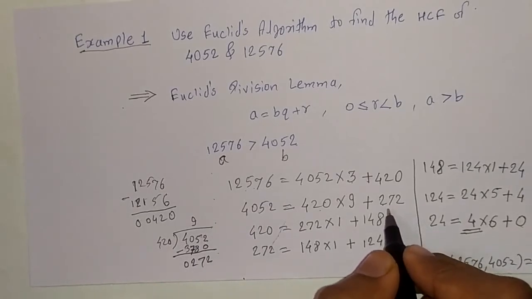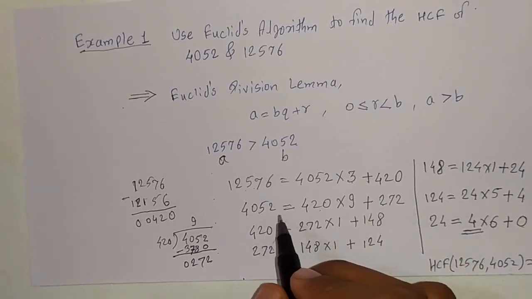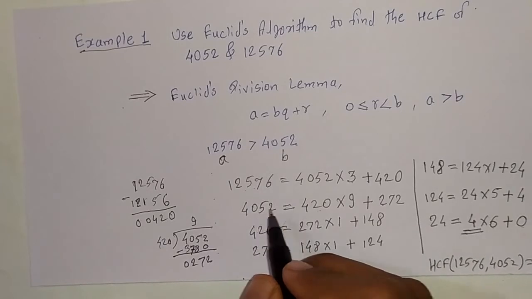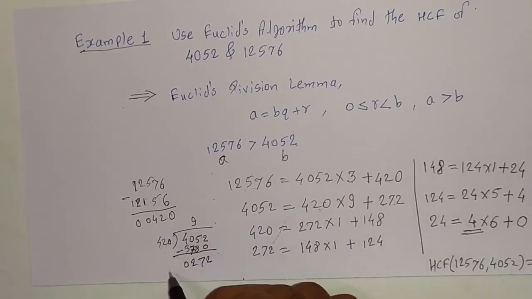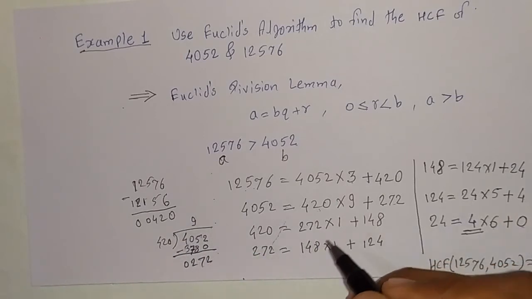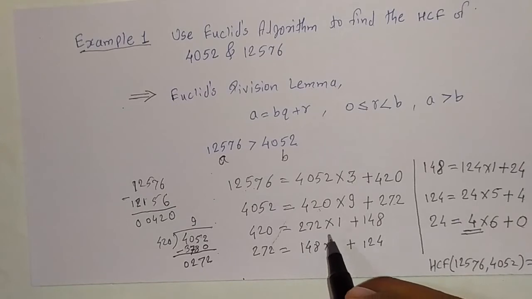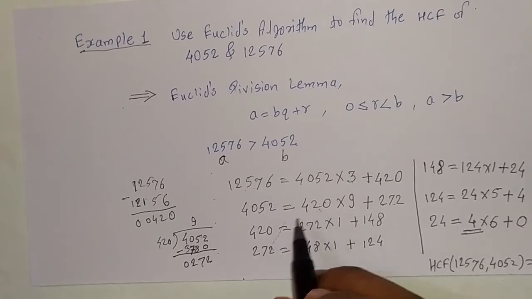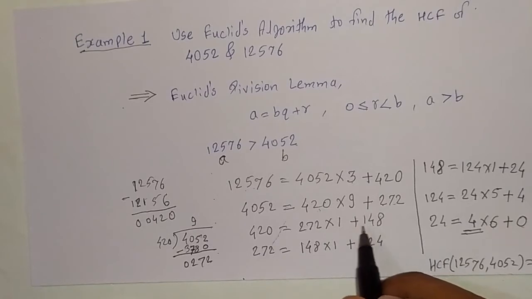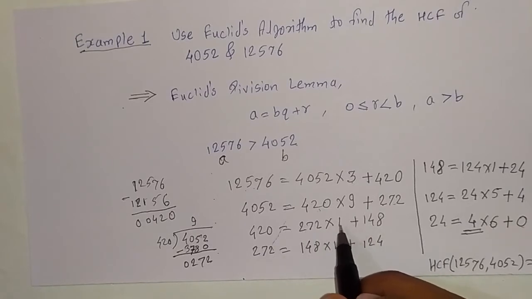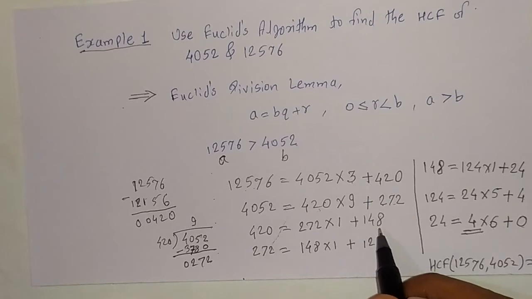This is the number here. So what is this formula? Dividend equal to divisor into quotient plus remainder. Already we have seen this process. We are just repeating those steps. So in this step, divisor becomes dividend, remainder becomes divisor. So quotient will be 1, remainder will be 148.